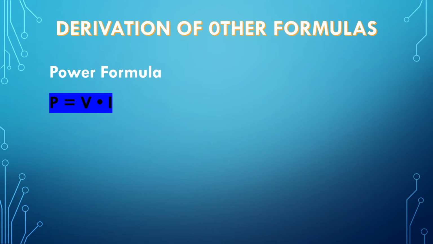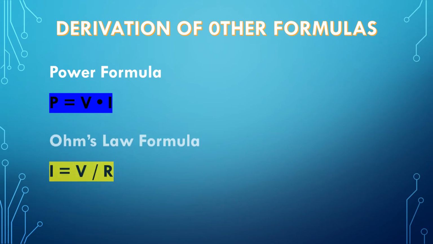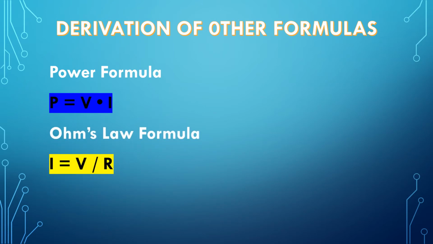Also, the power formula, P is equal to V times I, and using also the Ohm's law formula, I is equal to V over R, we substitute this value of I in the Ohm's law formula to the I in the power formula.